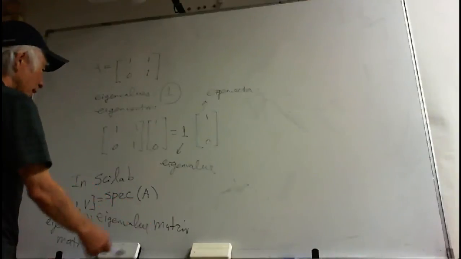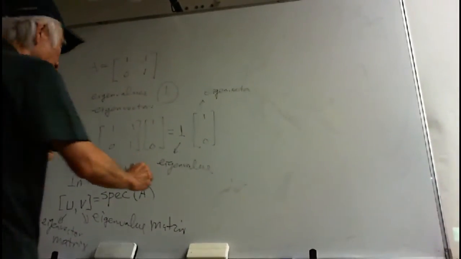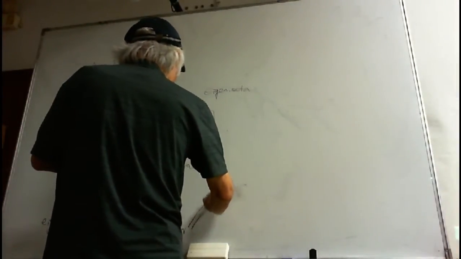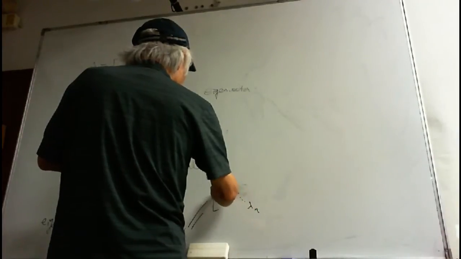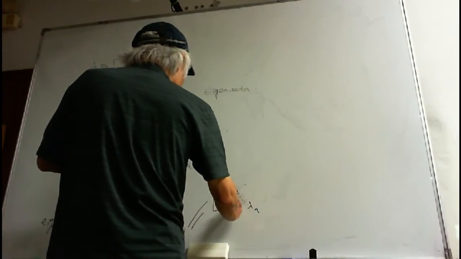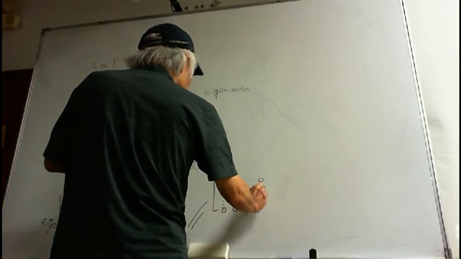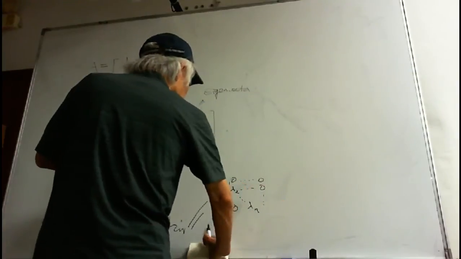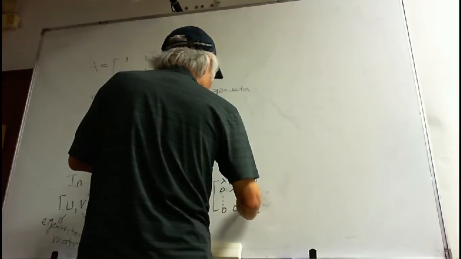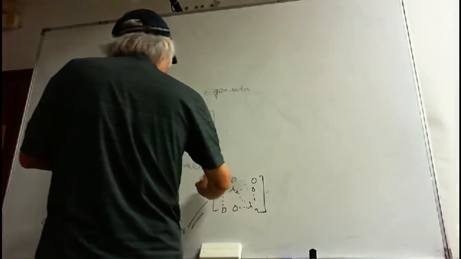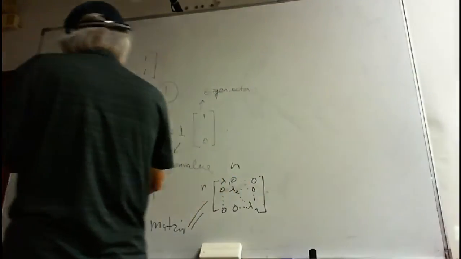The eigenvalue matrix is a diagonal matrix that gives you number 1, number 2, up to number n on the diagonal, and it's all 0 elsewhere. If A matrix is n by n.